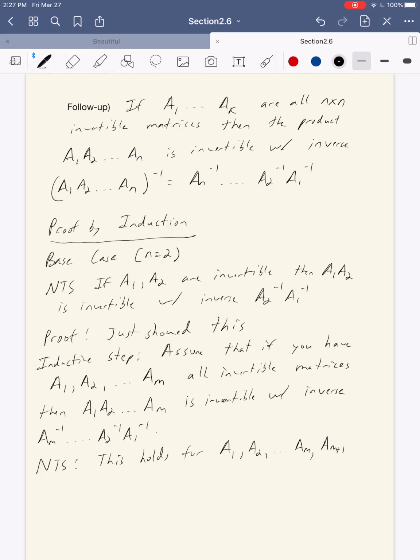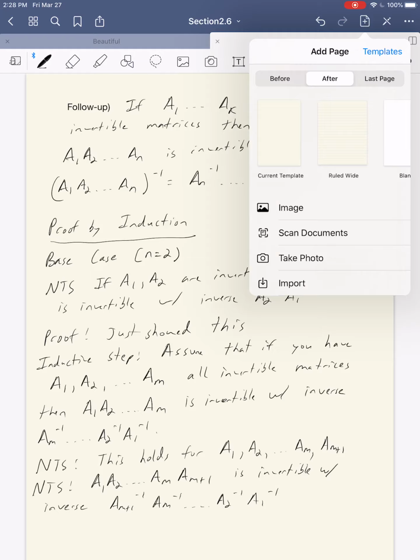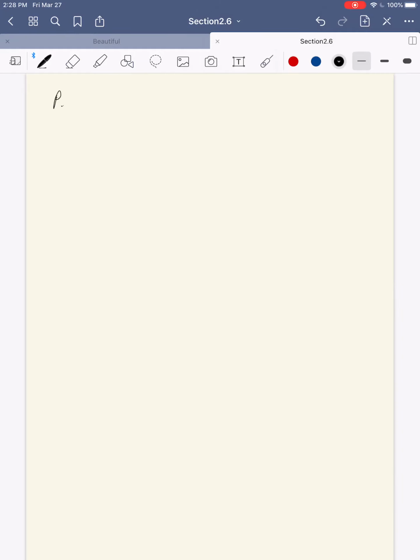So we need to show that the product A1, A2 through AM plus 1 is invertible with inverse AM plus 1 inverse, AM inverse, A2 inverse, A1 inverse. So we'll actually prove this on the next page. Let's give ourselves one more page to do this. So let's do our proof here.